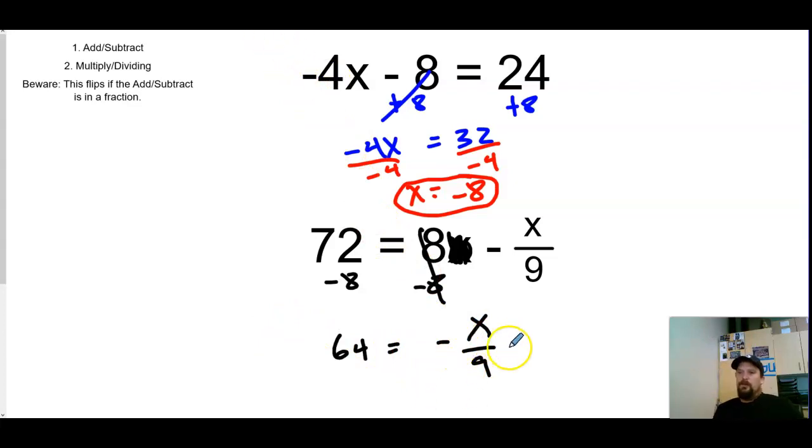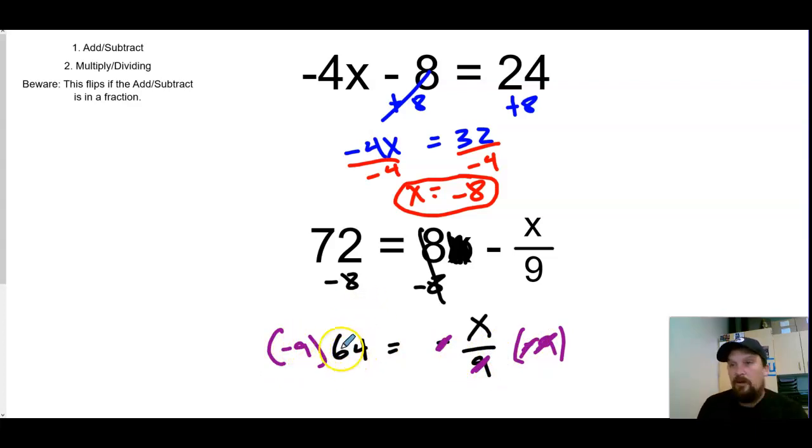I'm going to multiply both sides by a negative 9. My 9s are going to cross out, and a negative times a negative is a positive, so my negatives cross out as well. We turn this times by a negative 9 over here as well. Negative 9 times 64 is negative 576, so negative 576 equals x.